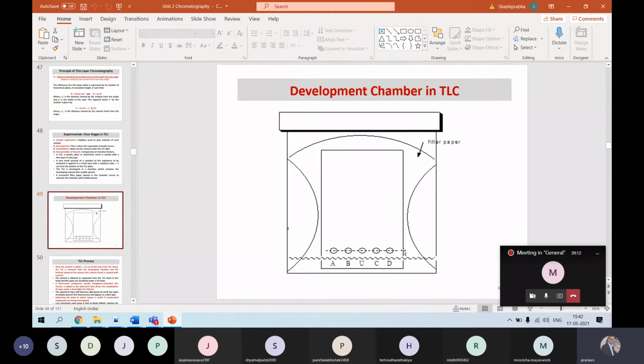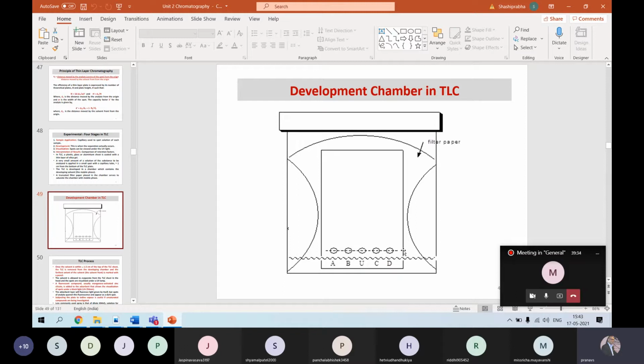The best part of TLC is that there is no prior sample preparation required here. You simply take your sample, spot it on a TLC plate, and see for yourself what happens, because this is relatively inexpensive. It is not as costly as a column.